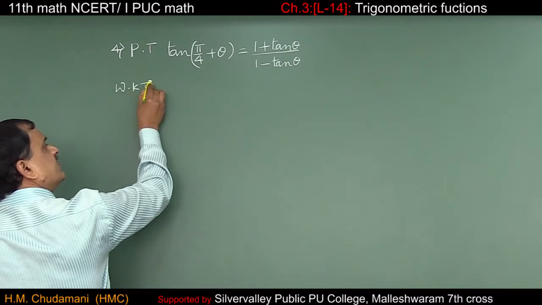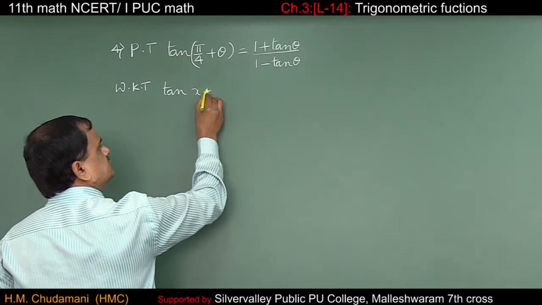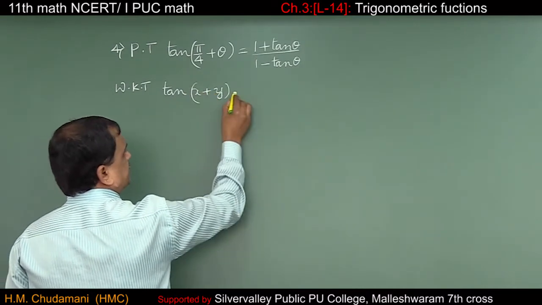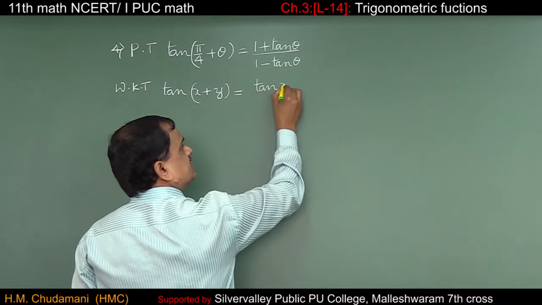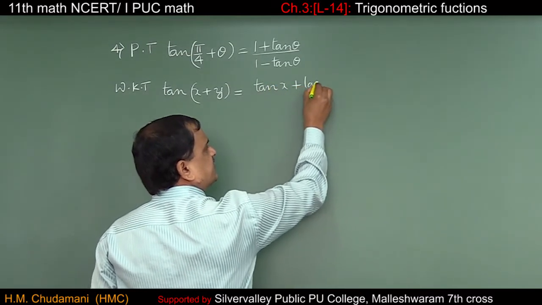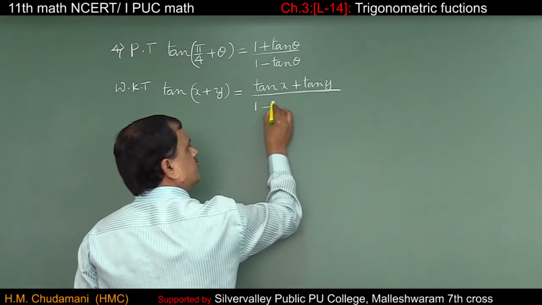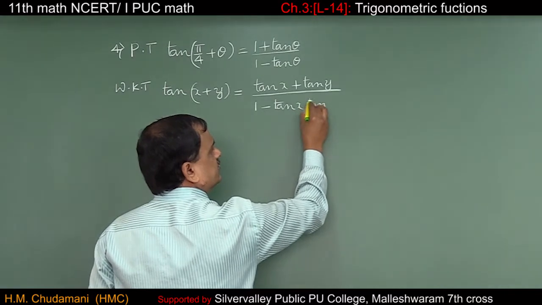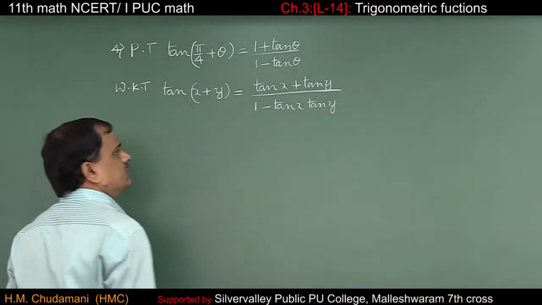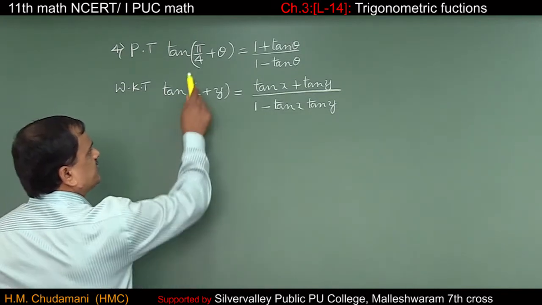We have the formula tan of x plus y is equal to tan x plus tan y divided by 1 minus tan x into tan y, of course xy is less than 1.